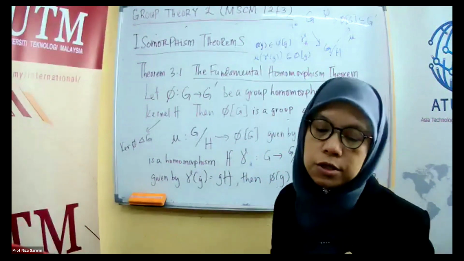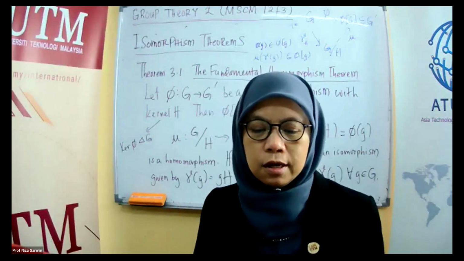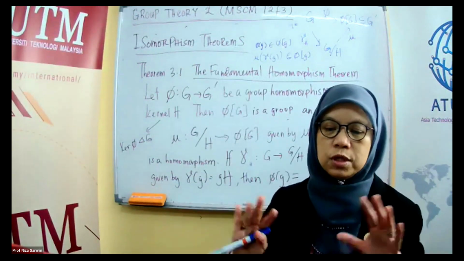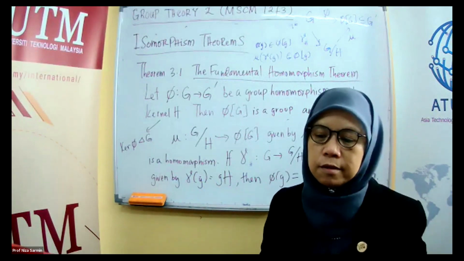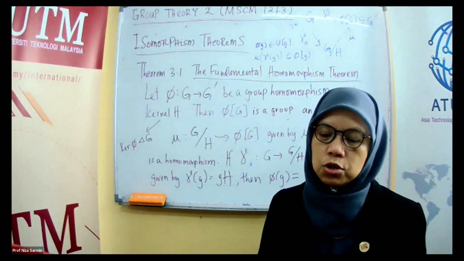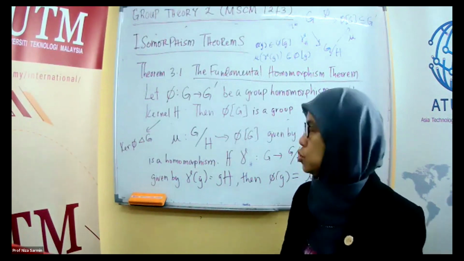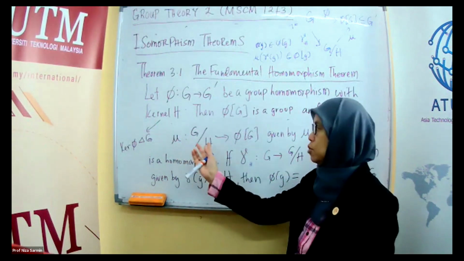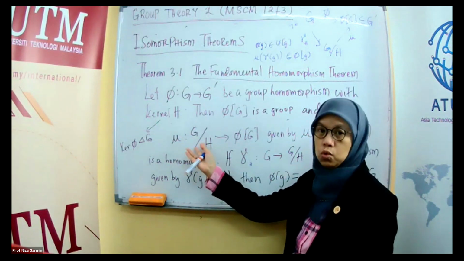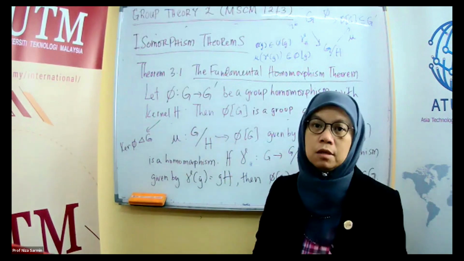Okay, that's the natural one. And if you have two same cosets, that is in the kernel. So you have to show this mu is well defined.